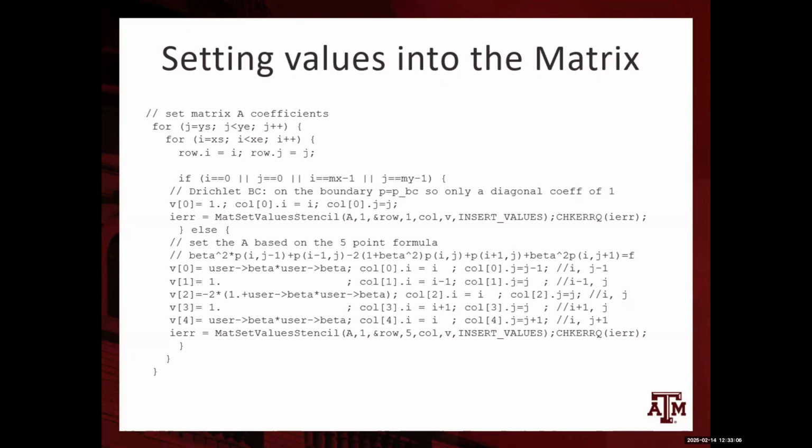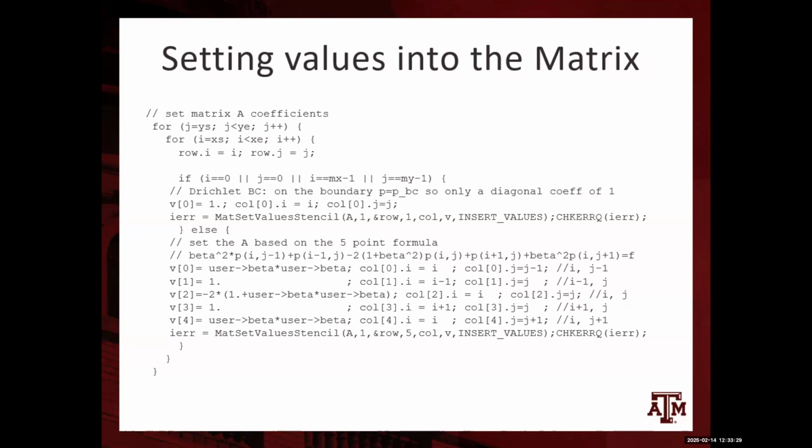For other cases, that's our discretization. We are setting the value, V0, for column I, j minus 1. What is I, j minus 1? The coefficient is beta squared. That's our discretization.